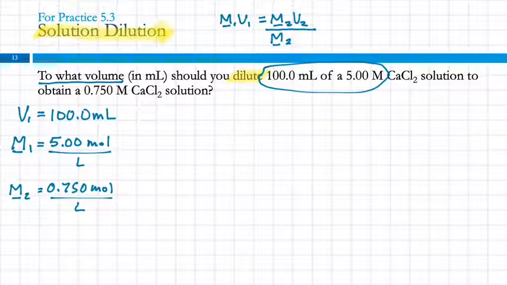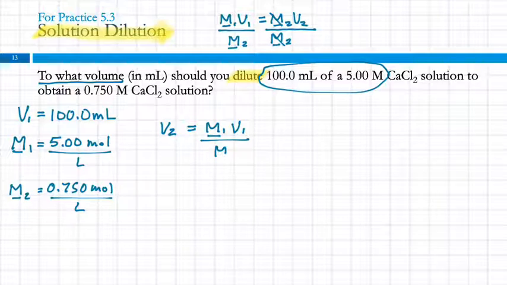If I divide M2 by M2, it cancels out. In order for this to still be equal on each side, I have to do the same thing to the other side. If you're a little sketchy on rearranging equations, please ask me for help. So I've rearranged that, and that's showing me volume 2 is equal to molarity 1 times volume 1 divided by molarity 2.